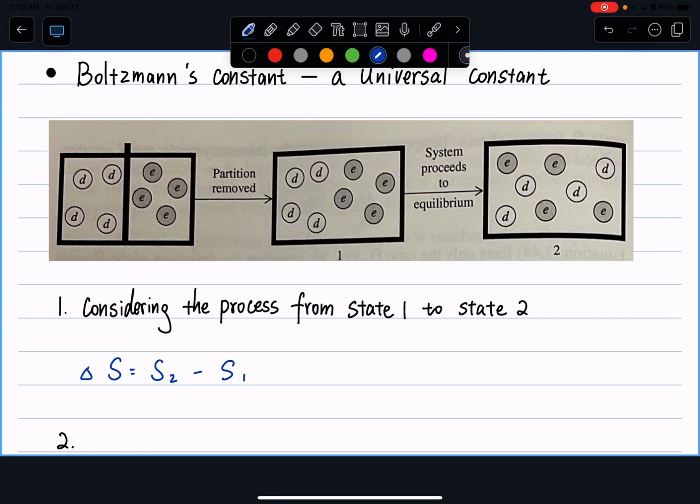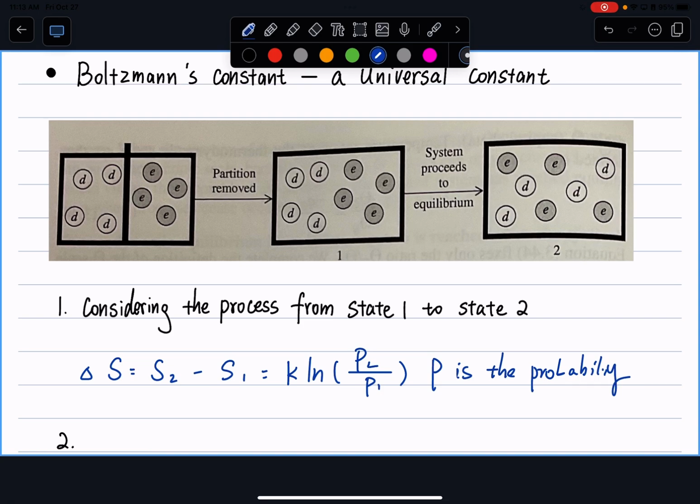Or the other way to put it is, because we know S is a logarithm function of probability, you can rewrite this as k ln(P2/P1), where P is the probability that your system is in state 1 or state 2.